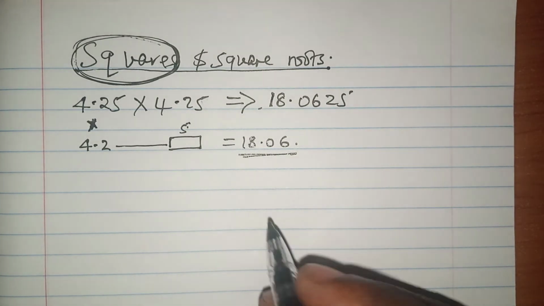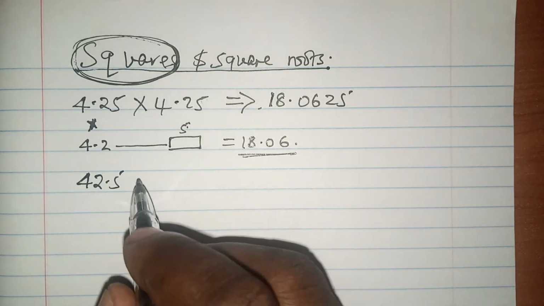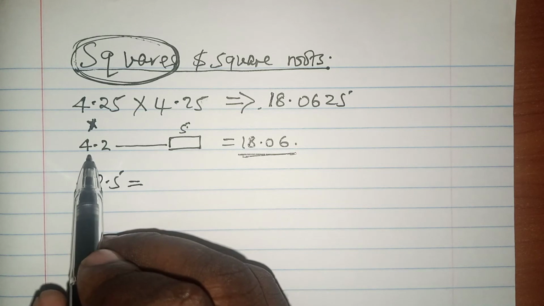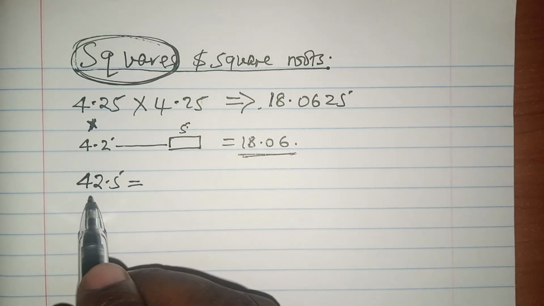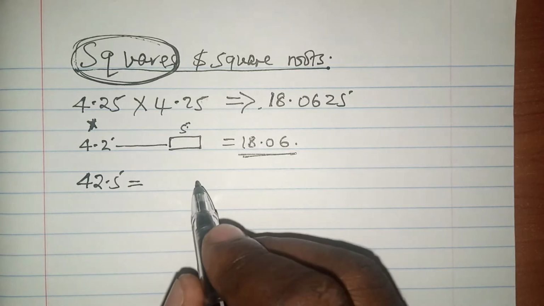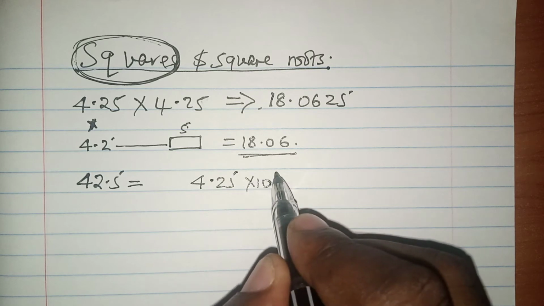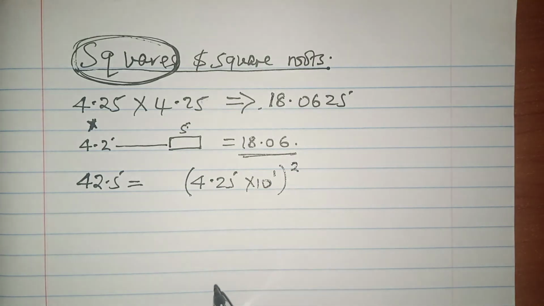Now, a question may arise, what about the square of 42.5? This is very easy. Now that we know the square of 4.25, we just have to write this one in standard form. And this one is going to be 4.25 times 10 raised to power 1. And this is the number that we need to square.